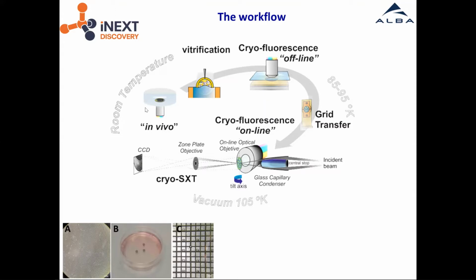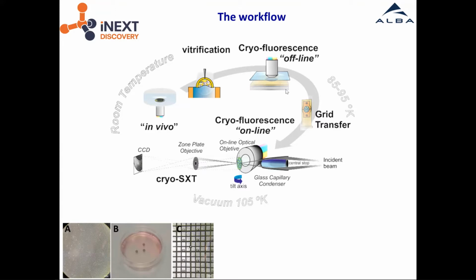We are looking at these cells growing in vivo, then we vitrify the grid. We can again look at the fluorescent signal if you're using fluorescent tags. In cryo, after vitrification, the grids are screened mainly to look at the number of interesting cells that you have in your grid, and you can also locate them for going into the X-ray imaging microscope afterwards.